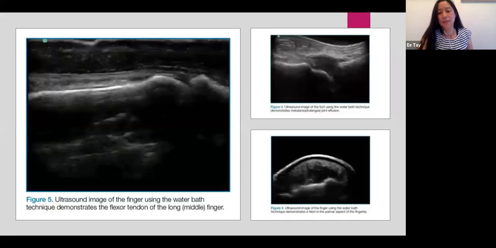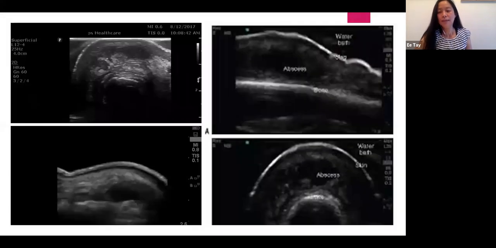We probably don't need to spend so much time on the examples, but it really centers your image in the middle of your screen, and highlights any foreign body, abscess, bone, or other soft tissue or MSK that you have in your water, using the water bath technique. So these are just some examples.